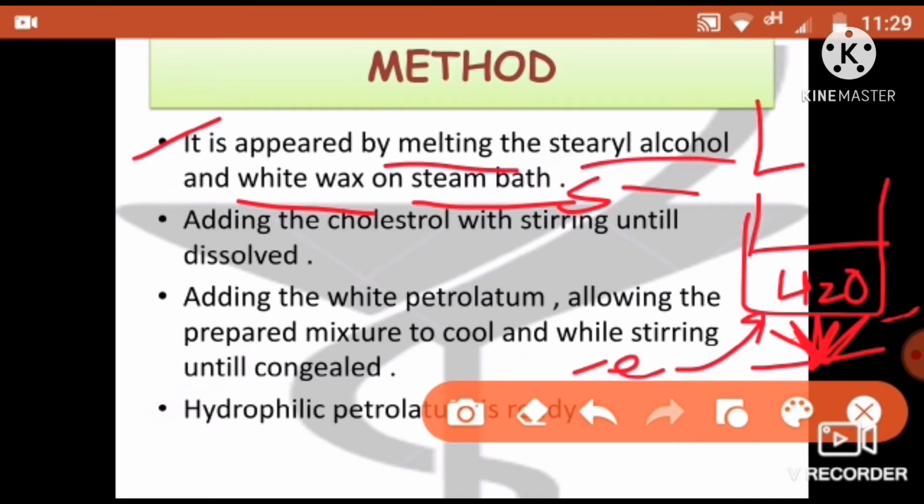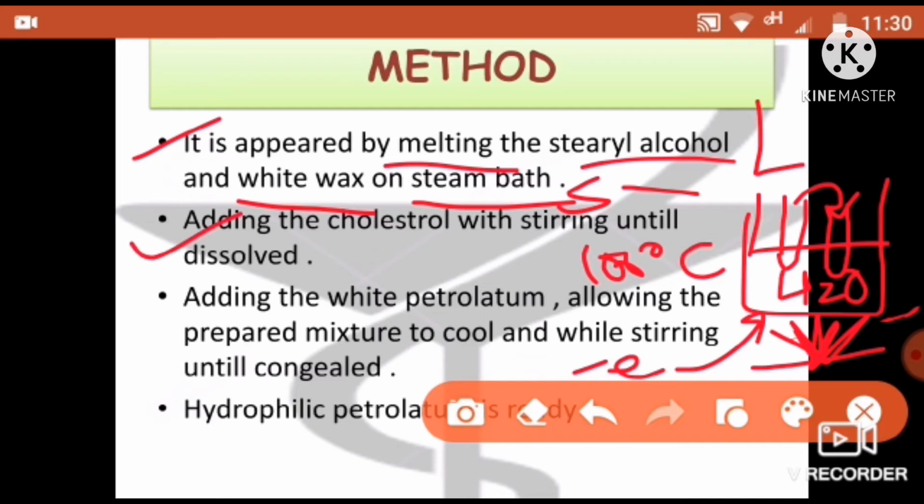When it reaches 100 degrees centigrade, we place the alcohol and this white wax in it. They combine together and melt in the steam bath.